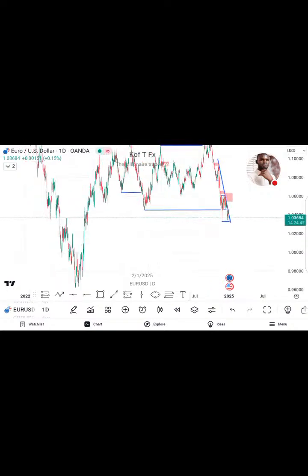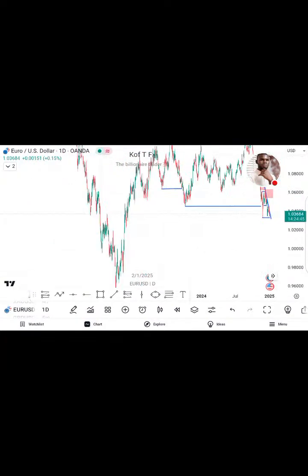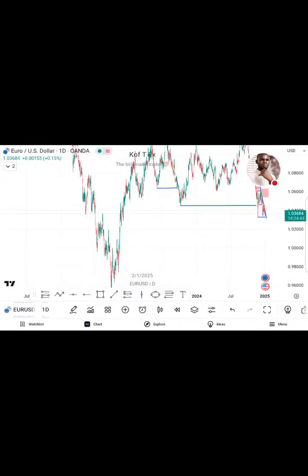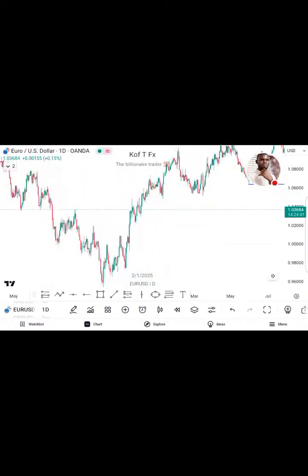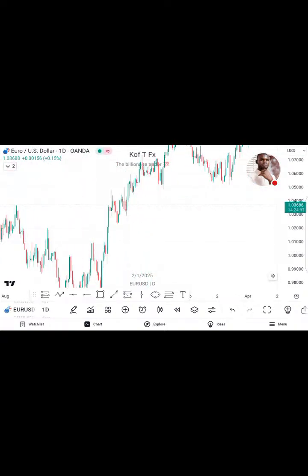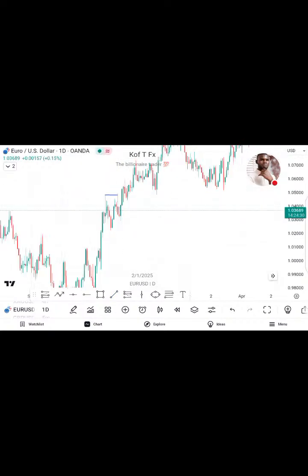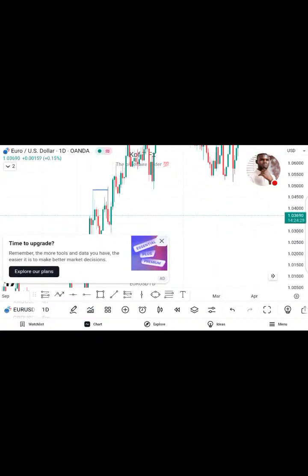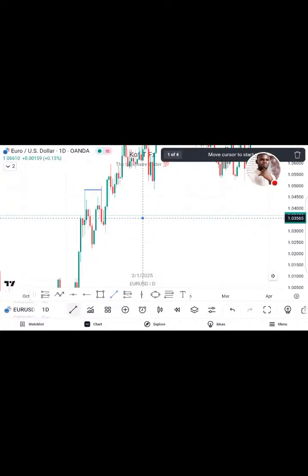And let's take a look at where price is actually coming from. Here we have that particular rejection. This is the daily time frame. We have this break of structure here, followed by another break of structure, followed by another break of structure.